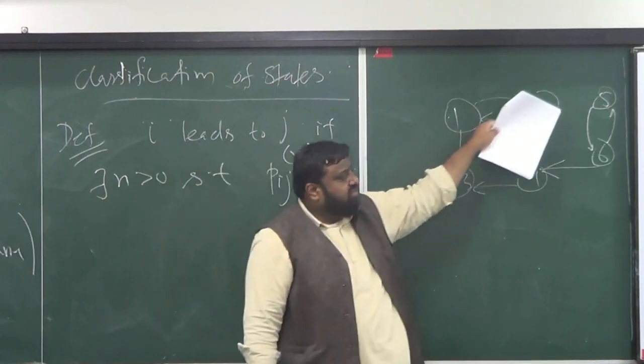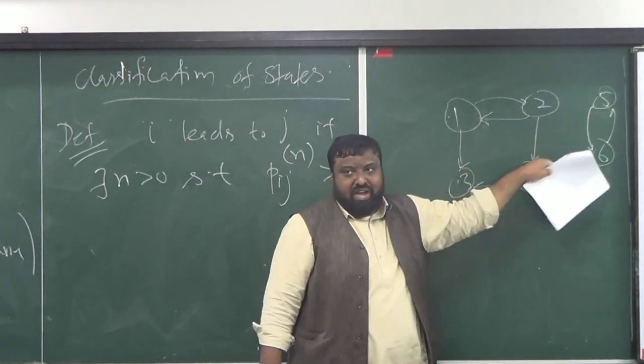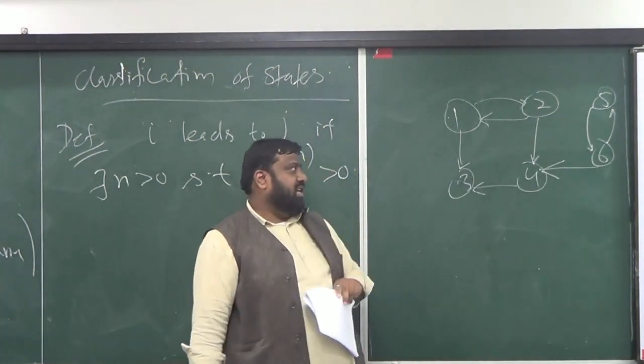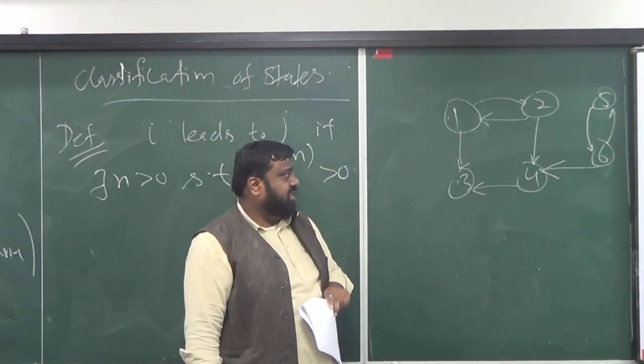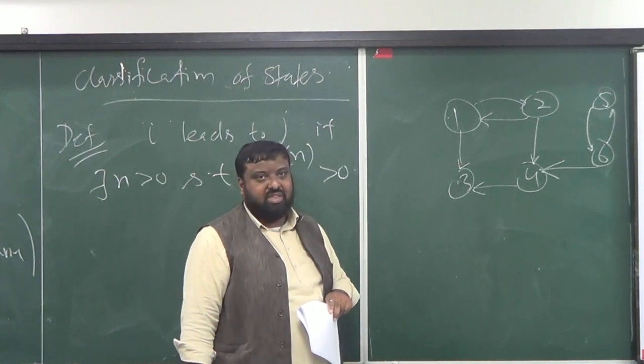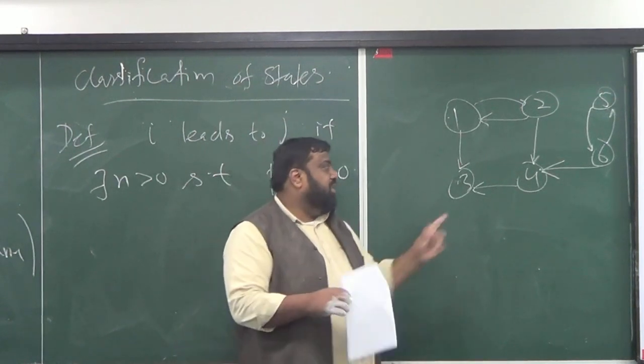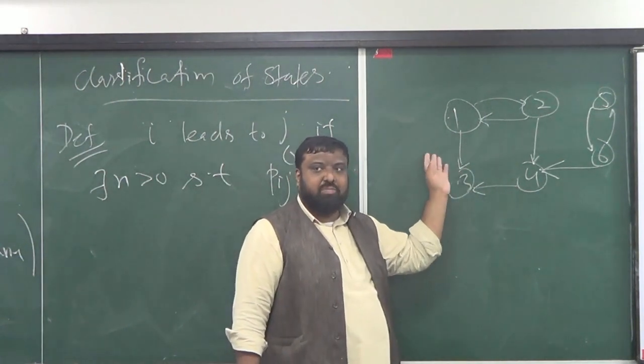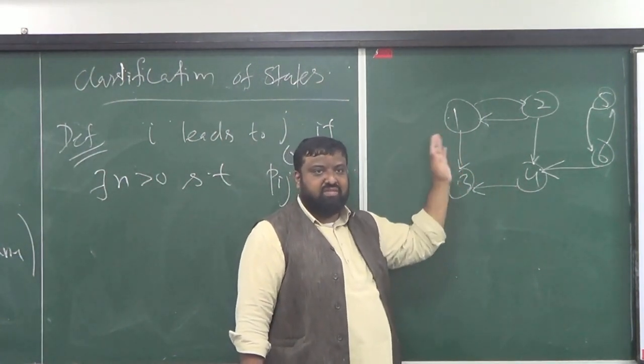No. You can go from 5 to 6, and 6 to 4, but you can't get there. Are you getting the point? Yes. So if I put different arrows, you can see that you have a very different chain appearing within the same set of states.